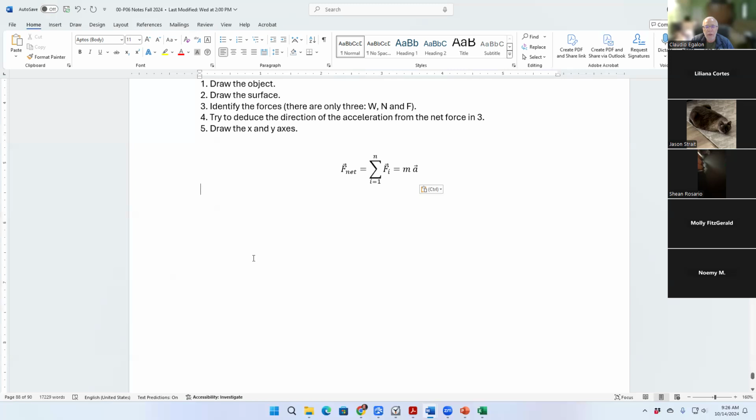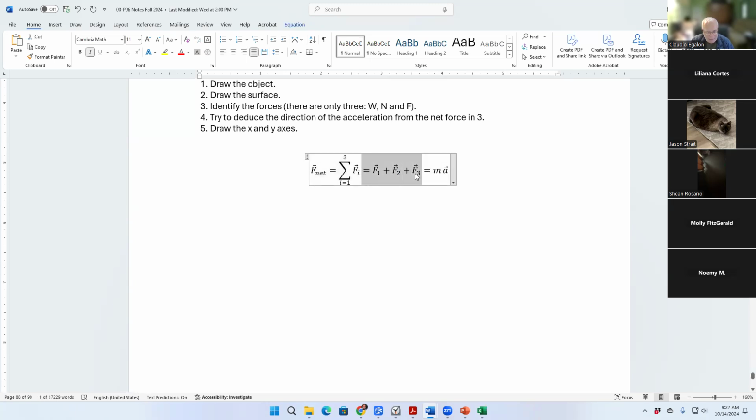Net force is equal to, my N ends up being 3. I'm going to write that as F1 plus F2 plus F3. And I do not need the summation anymore. F1, F2, F3.